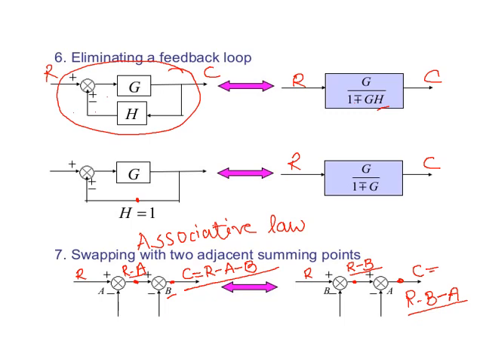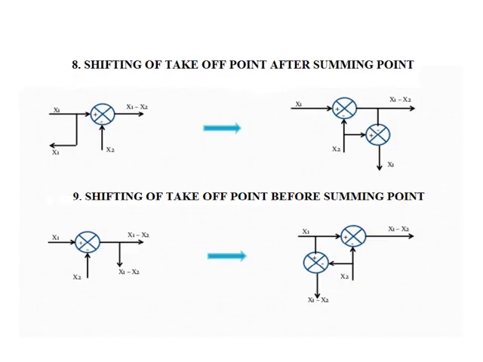Now the next two rules are called critical rules. I will suggest to all students to apply rules number 1 to 7 because these are easy to apply, whereas rule number 8 and 9 are called critical rules. Because when we want to shift a summing point or takeoff point before and after the block, what exactly are we doing?